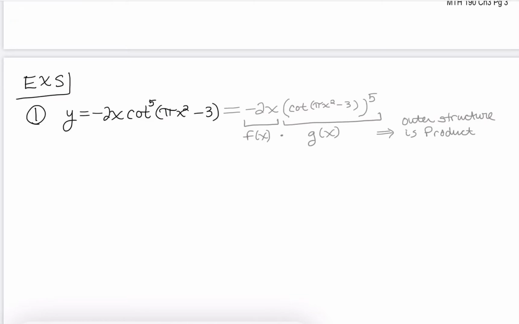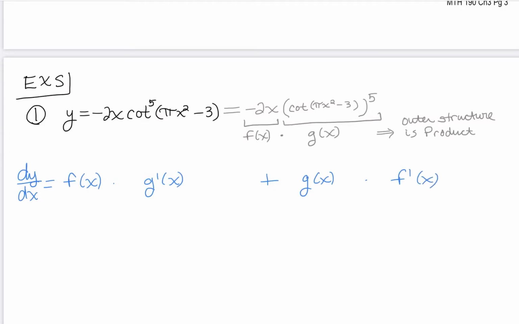And so this would probably be a good time to think about writing out the structure of your product rule, meaning you're going to have an f of x left alone, and then times your g prime of x, and then plus you're going to change that order, and then you're going to have your g of x left alone times your f prime of x.